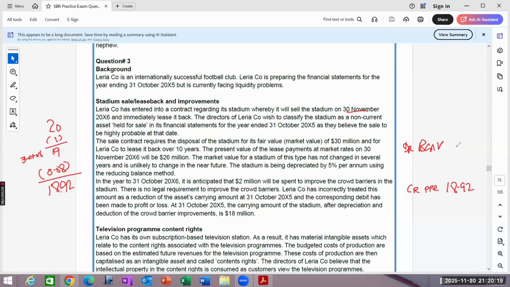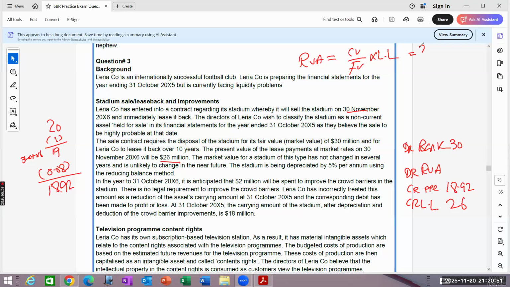The bank will be debited with 30 million, and a lease liability will be recognized at the present value of the lease payments, which is given in the question, 26 million US dollars. And a right of use asset will be recognized at a proportionate value, which equals carrying value divided by fair value, multiplied by lease liability.